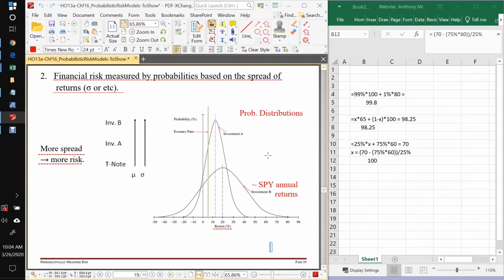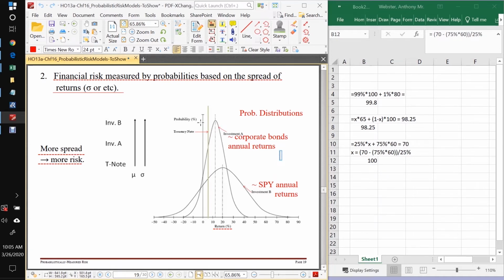On the other hand, investment A, which might be something like corporate bonds, has much less spread of returns. We could still get negative returns. Companies could go bankrupt, and we're not going to get everything back, but because we have those contracts, we will get something. But we have much less spread, so that's much less risk.